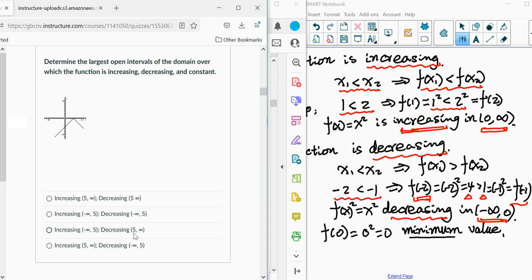And here is from 5 to infinity. So this is 5, from 5 to positive infinity. The value goes lower and lower. Previously, y value is 0. When x is 5, y reaches what? This point is 5, 0.